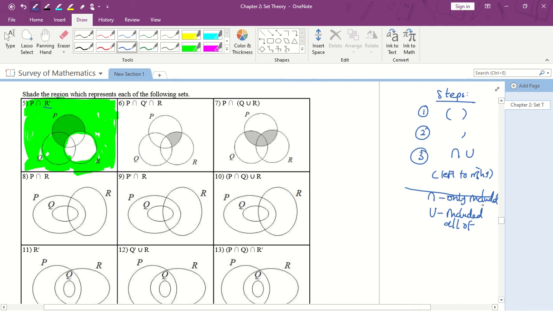Only included P. Means that out of the R prime, I only want intersect P, which means that I need to erase those regions that are not in P. Erase. So can you see? When we erase, the answer is this region. And that's all.